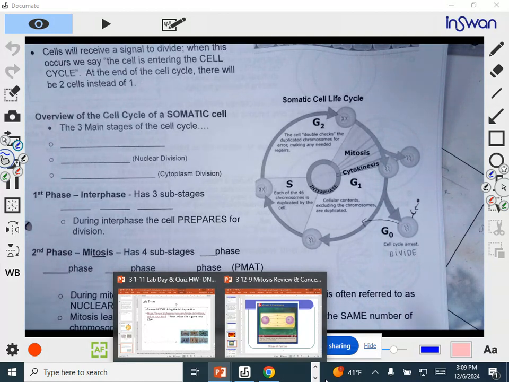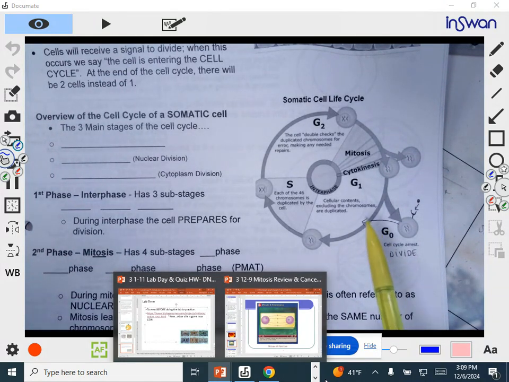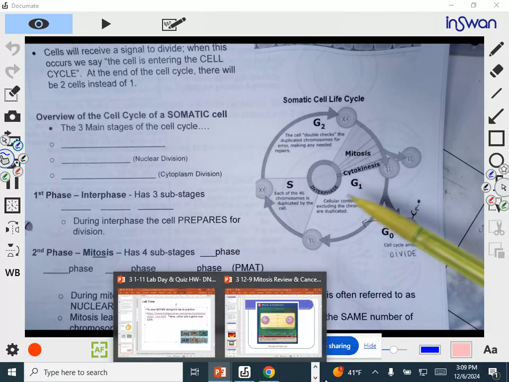Now, what I mean by that is this cell is now going to go through some different stages that we have named, and eventually it's going to split into 2. I kind of think of these stages as being like stages in your life. The first stage in your life after you're born is you're an infant, and then you're a toddler, and then you go through adolescence.